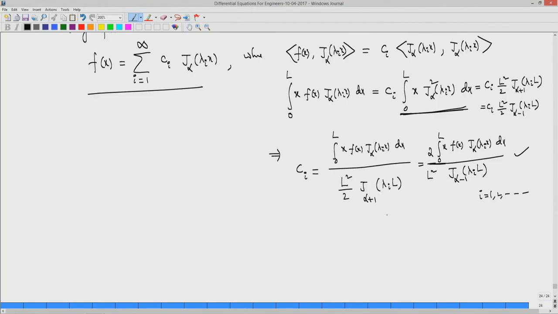So, this is the Bessel Fourier series, the Bessel Fourier transform. You can have many such Fourier series.